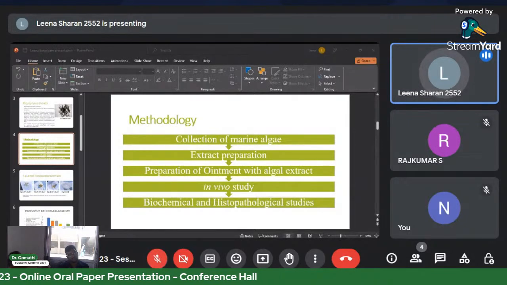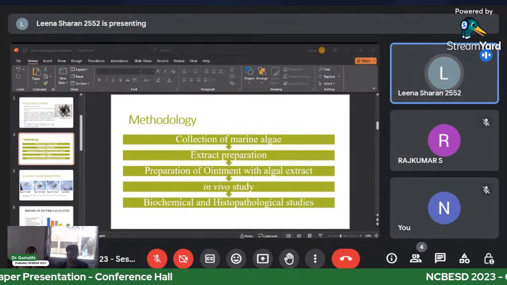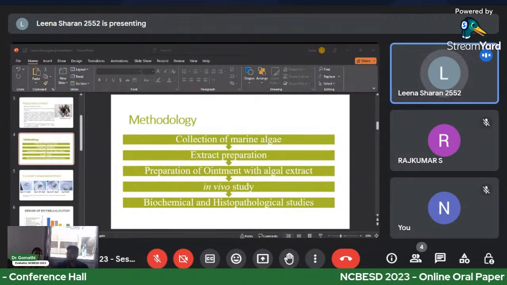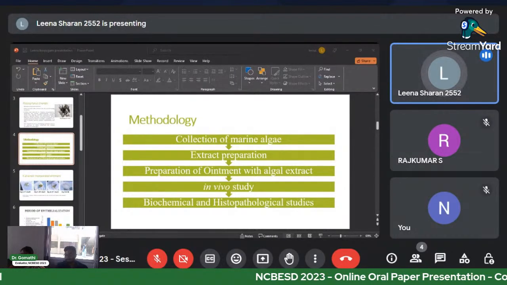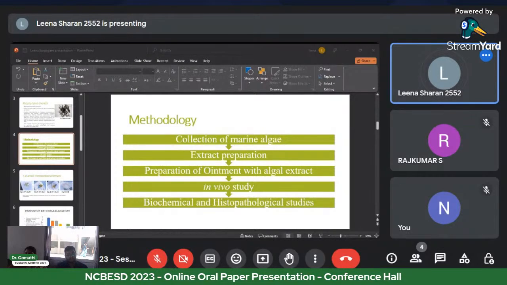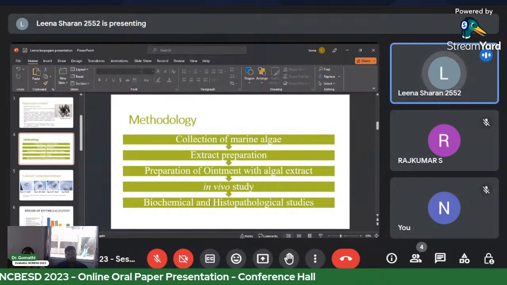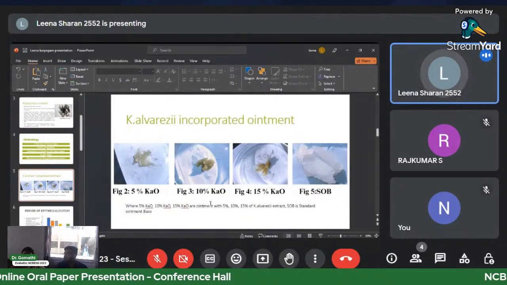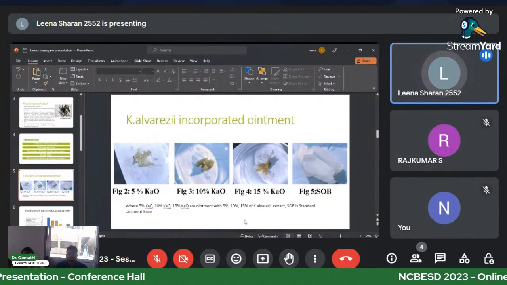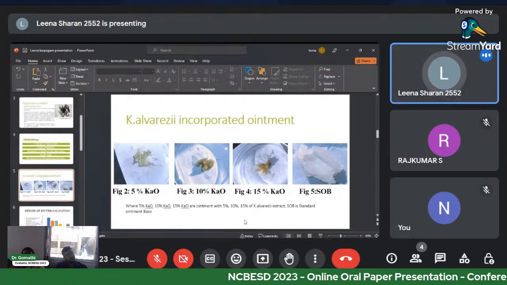So the methodology includes collection of marine algae, preparation of ointments with algal extracts, in vivo study, and biochemical and histopathological studies. Here we prepared Kappaphycus alvarezii incorporated ointment. The ointment base was prepared, to which 5% of extract is added.